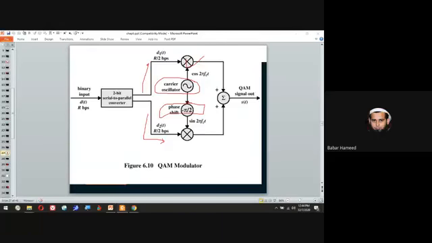If we use two-level ASK, then each of the two streams can be in one of two states, and the combined stream can be in one of four states. This is essentially QPSK.